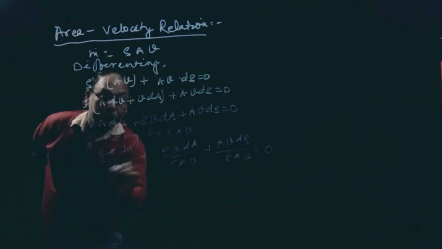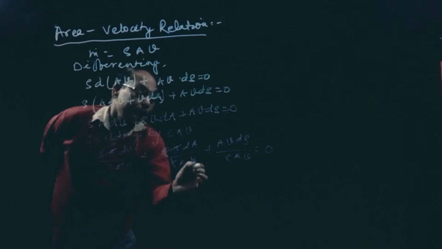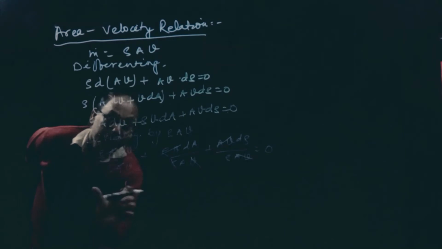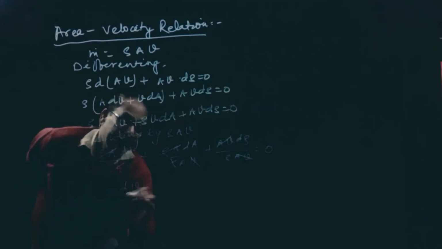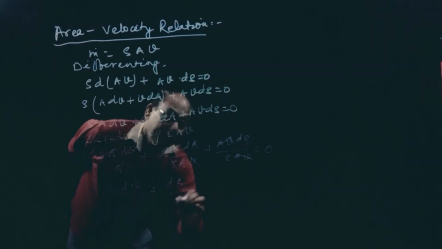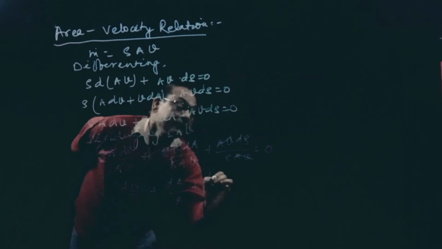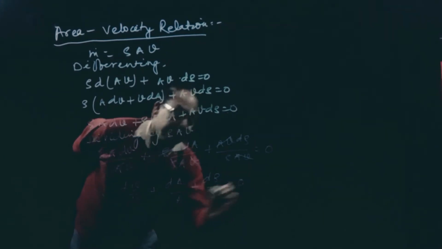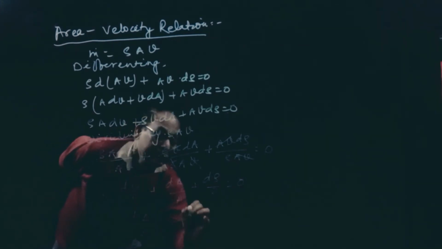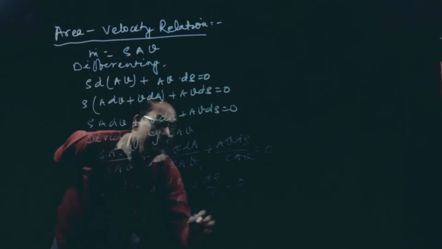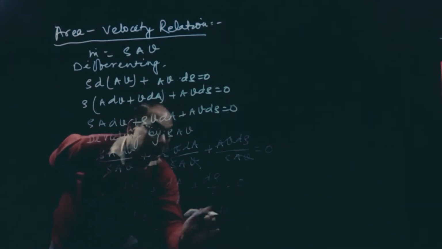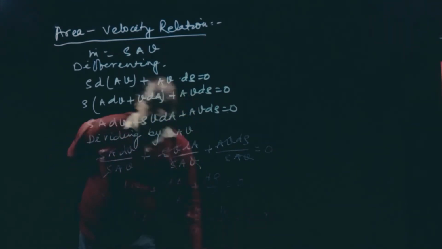Rho A will get cancelled, rho V will be cancelled, A V will be cancelled. So we are getting dV by V plus dA by A plus d rho by rho is equal to 0. Now dA by A will be equal to minus dV by V plus d rho by rho. Not plus, it is minus. Let us call it equation 1.